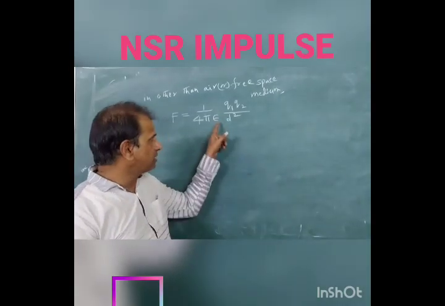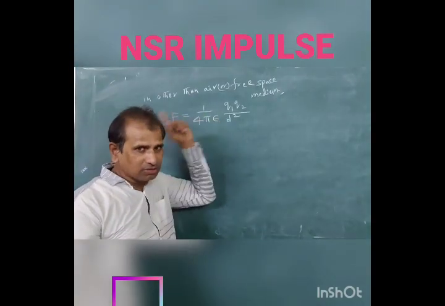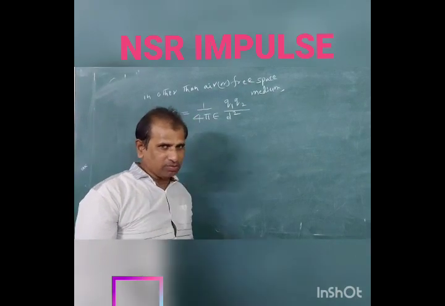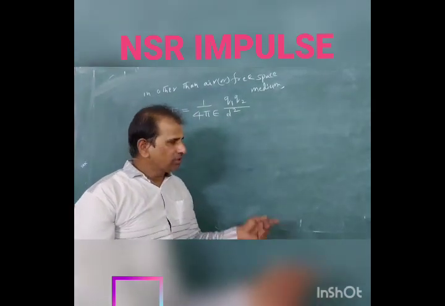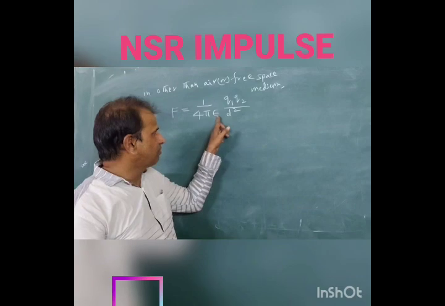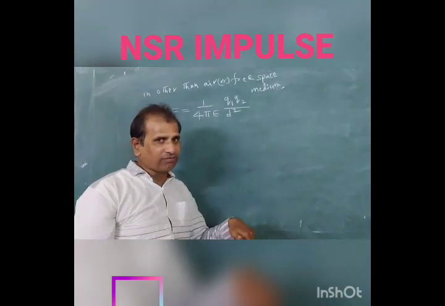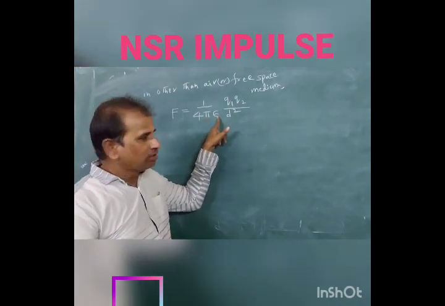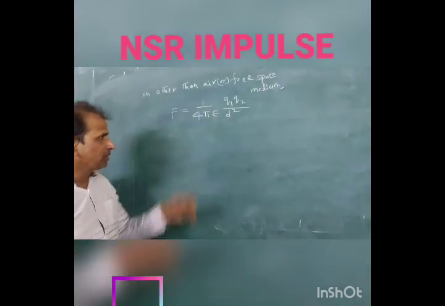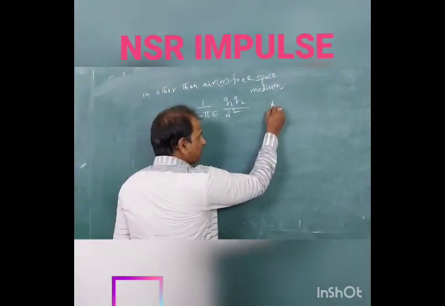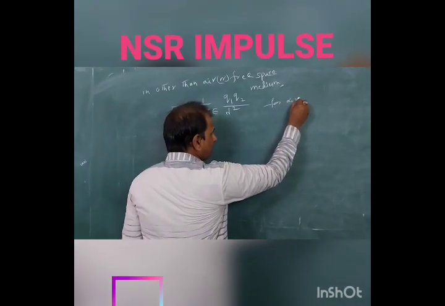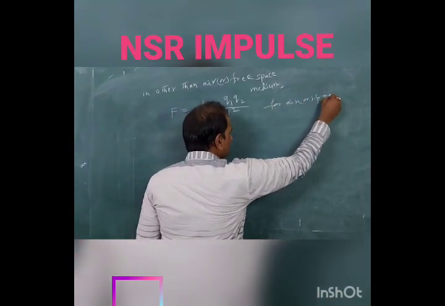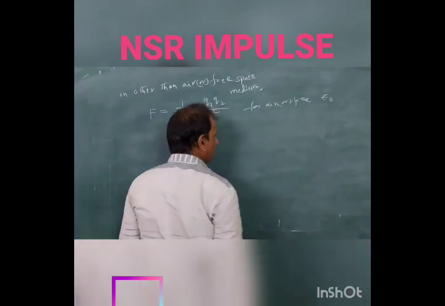Earlier we wrote this one as epsilon naught. In which medium? Air or free space. Now we have taken that the medium is different. So when the medium is other than air or free space, we have to change this value to epsilon. Then this becomes F. Remember, for air or free space, we use epsilon naught.